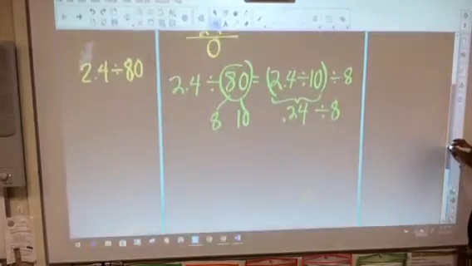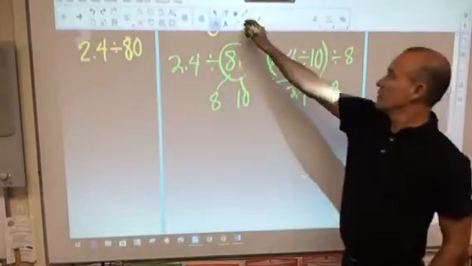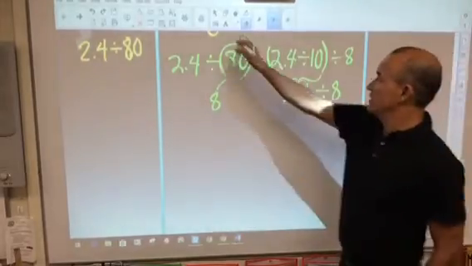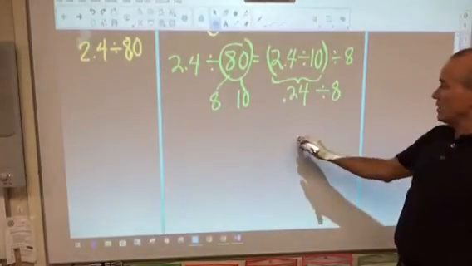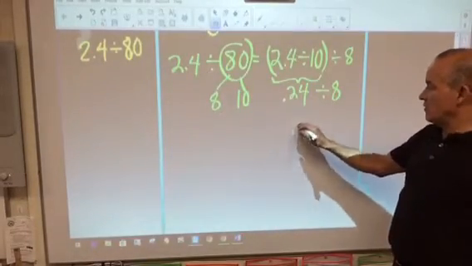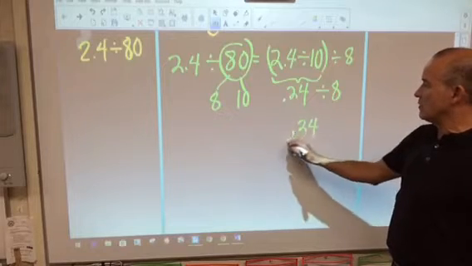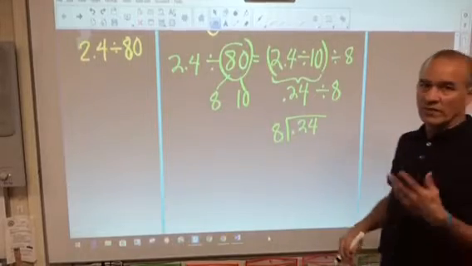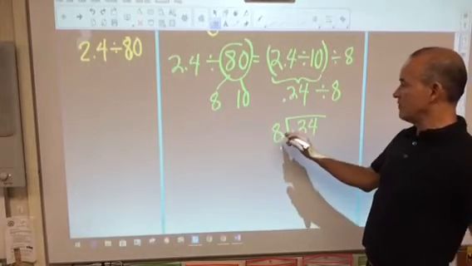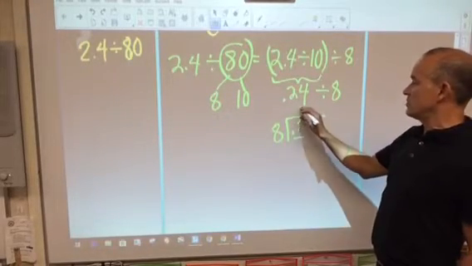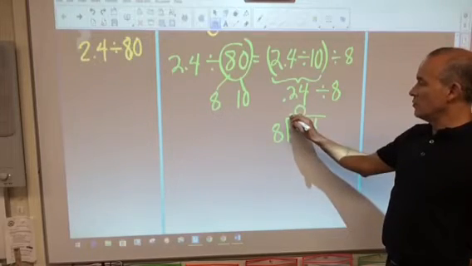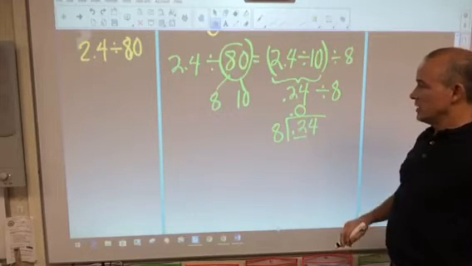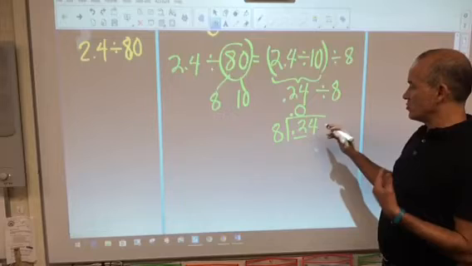So now we're going to solve it. So we're going to again use the standard algorithm, and we say 2.4 divided by 8, and we follow the same procedure. How many groups of 8 can you make out of 2? And the answer is 0. We upload the decimal point. We ask ourselves, how many groups of 8 can you make out of 24?